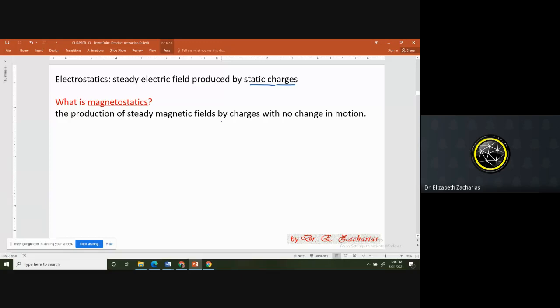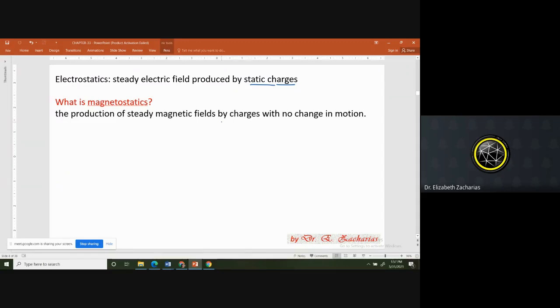If you understood this, let me ask you another question. What is magnetostatics? Take the same logic. Electrostatics means a steady electric field at a point that does not change. The value remains static.